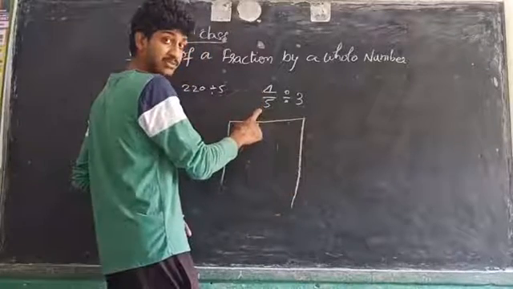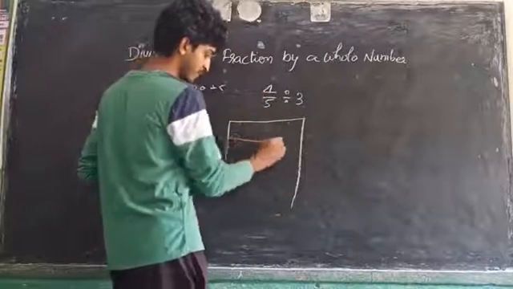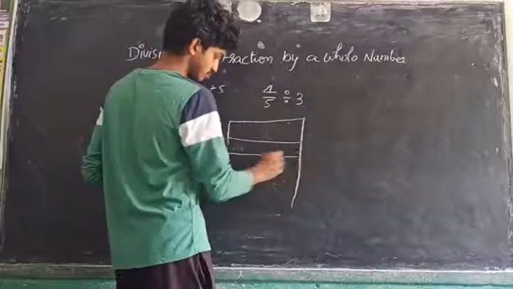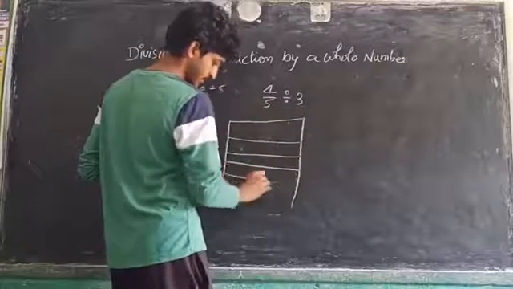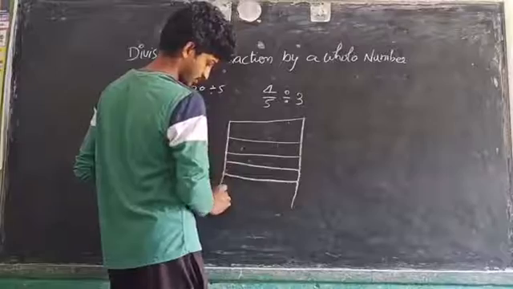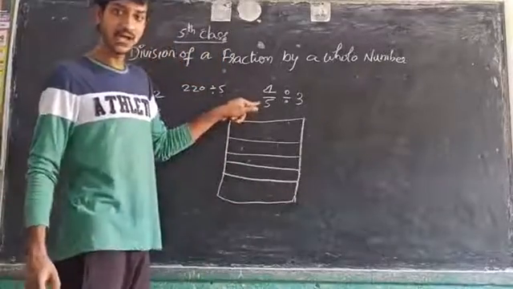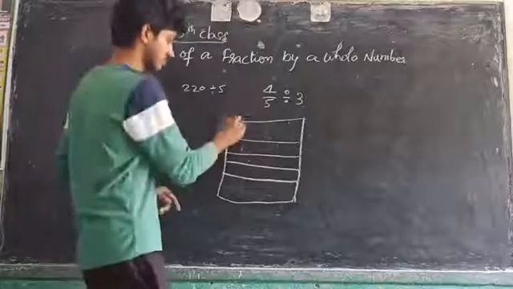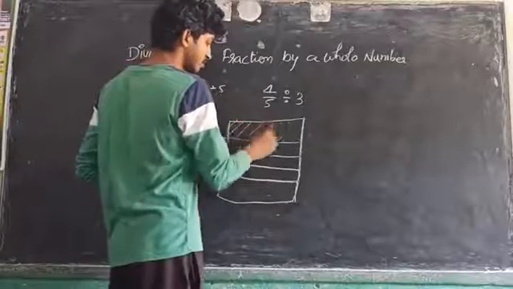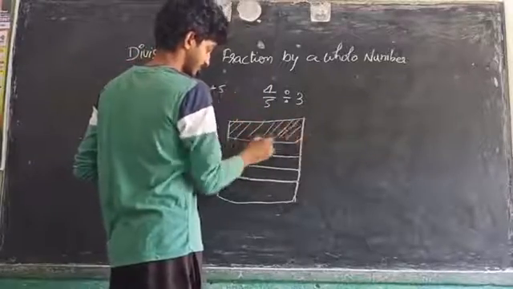4 in 5 parts. Okay, 1, 2, 3, 4. Total 5 parts are there. We have to take only 4 parts, so I am taking 4 parts now. I am shading these 4 parts.